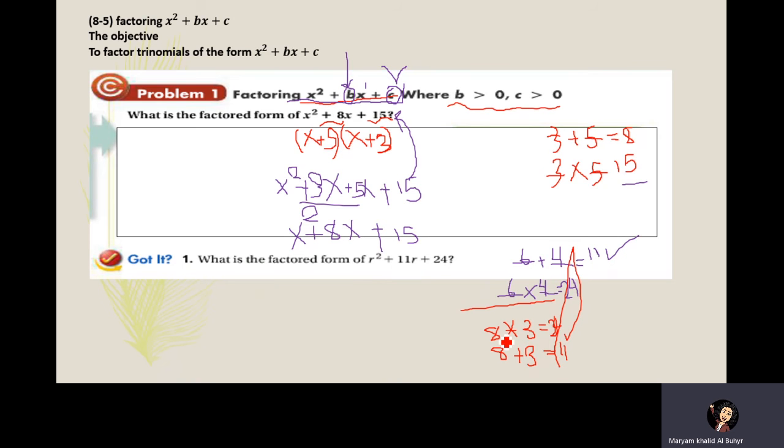You can use it. 8 times 3 is 24 and 8 plus 3 is 11. But 6 times 4 is wrong, because 6 plus 4 gives you 10, not 11.